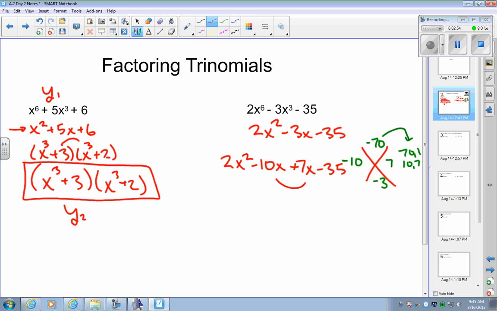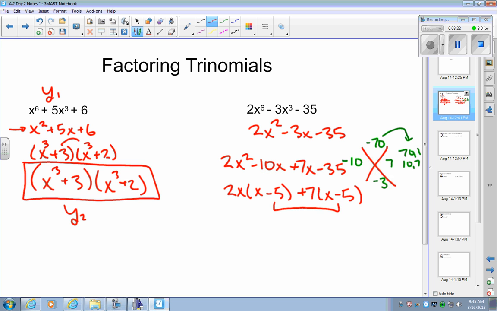Now notice, if you switched the order of those two, you would still get something with GCFs. 10 would work with 35, and in the first piece you could factor out an x, because 2 and 7 don't have anything in common. So don't worry about the order of the two things on the side. Now GCF the first two, GCF the second two.